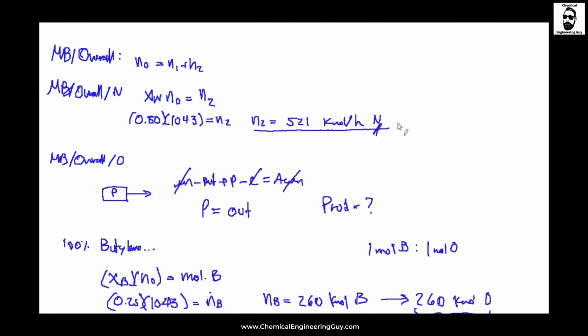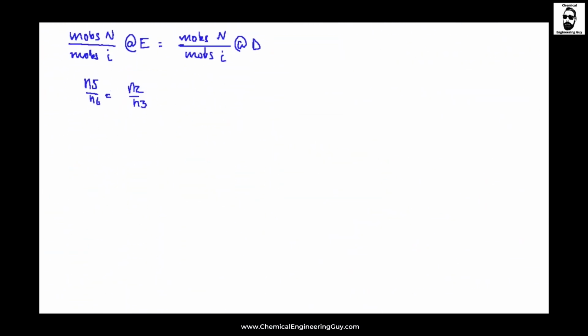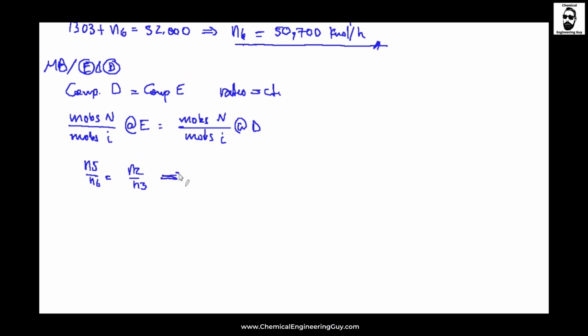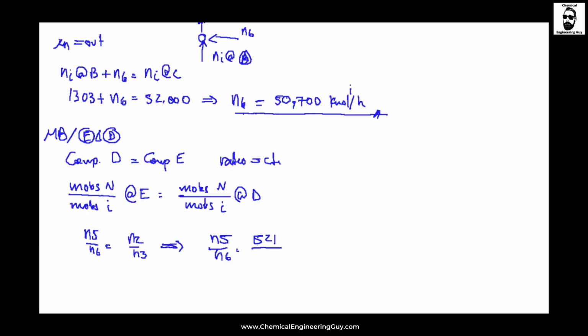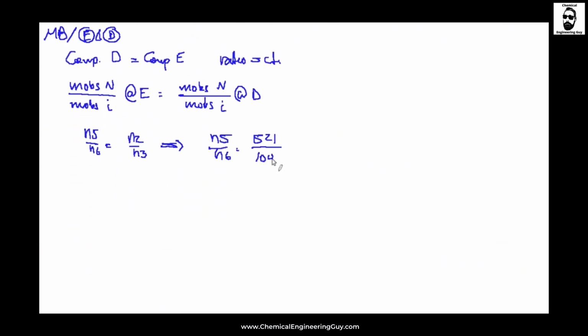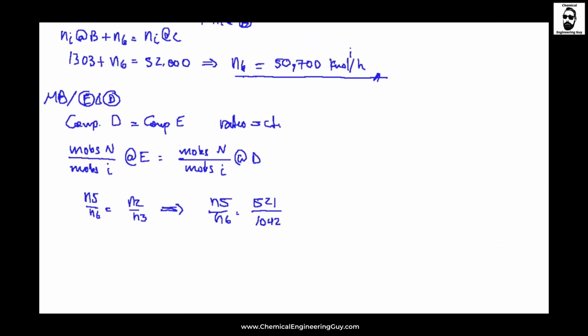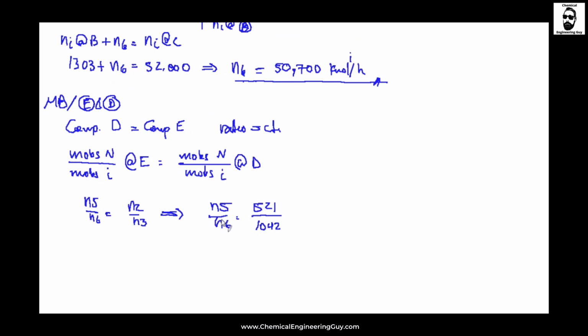Here, N2, 521. N3, let me check if I have it. Yeah, N3, 1042. And N6, I do have it. I just calculated it, so it's 50,700. So let me send that multiplying here.